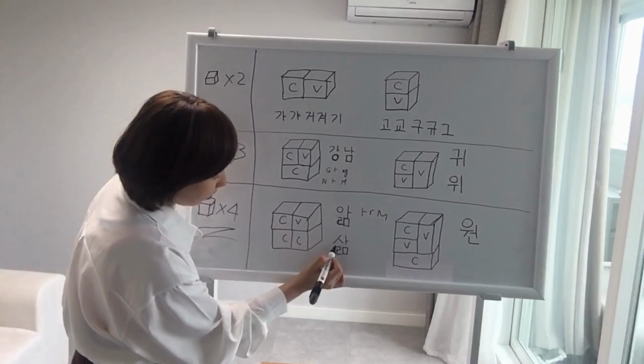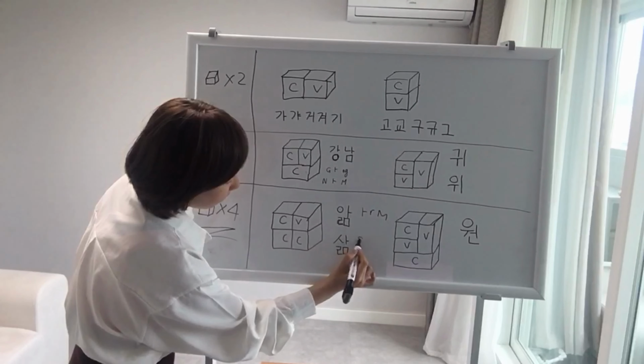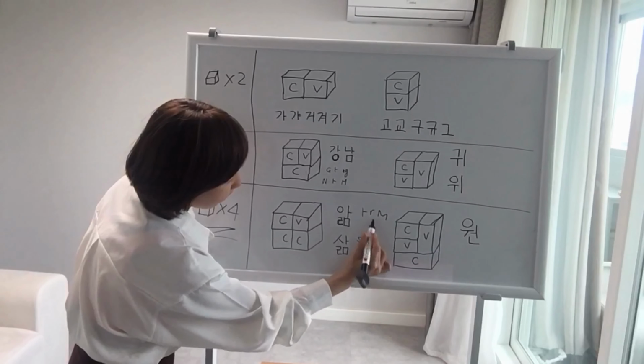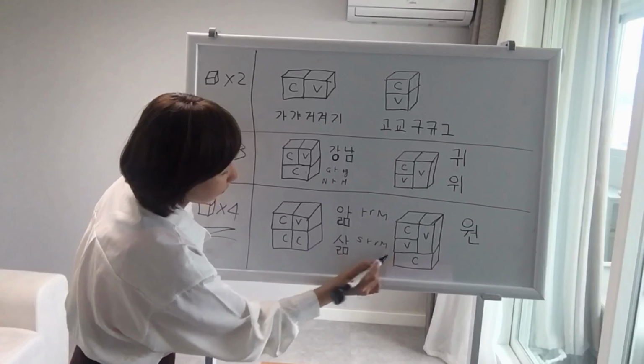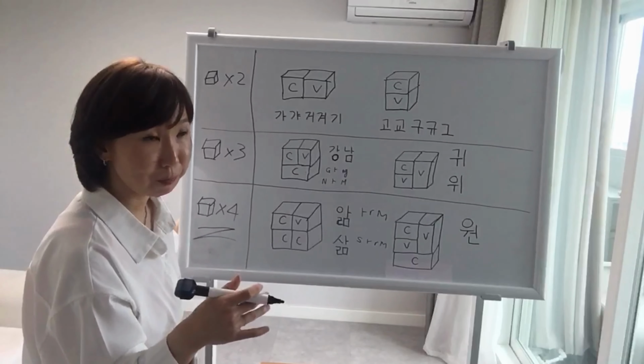And then this second one is the snake for S, and then A, and then again the same R, and then M. So 삶, right? 삶.